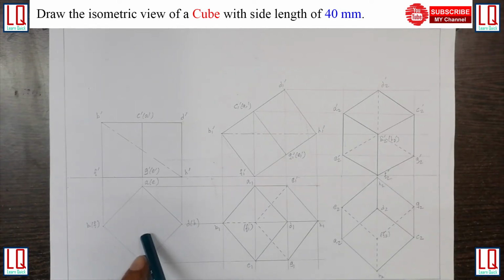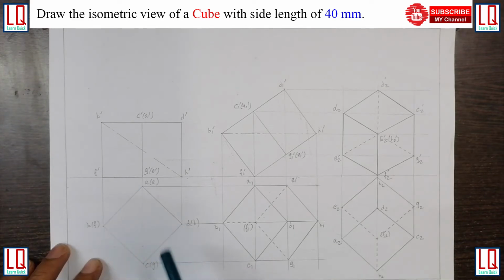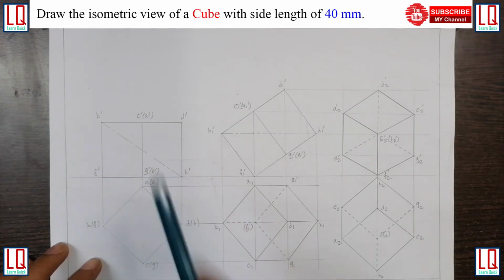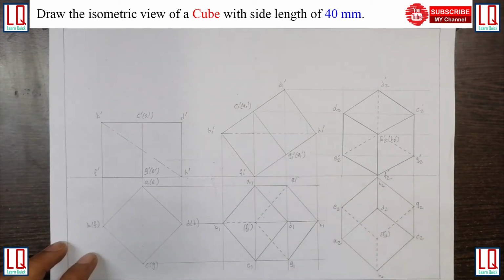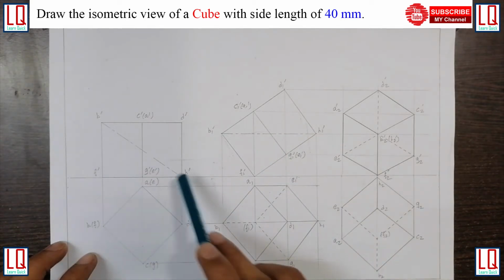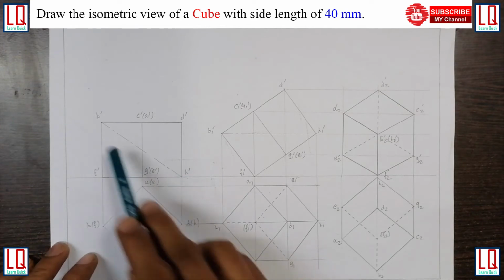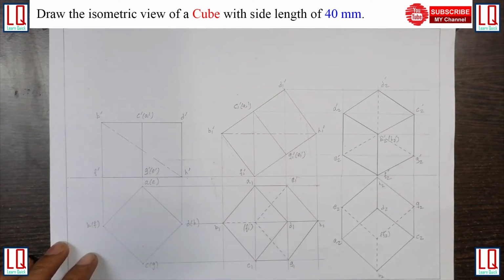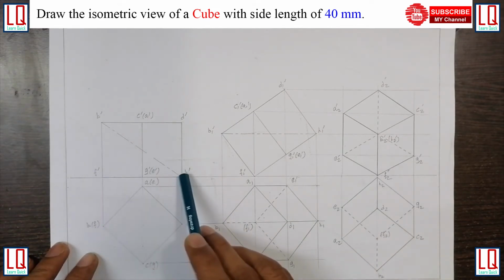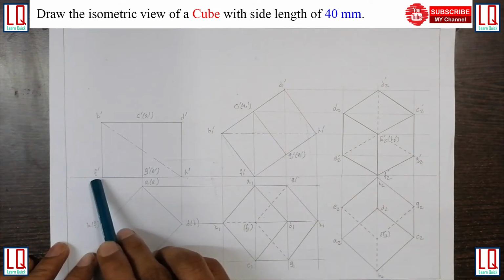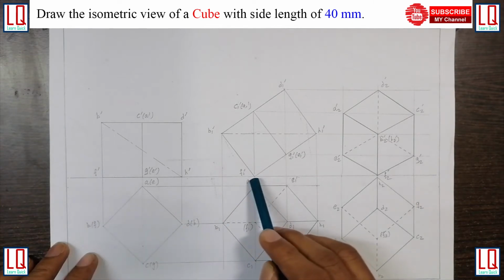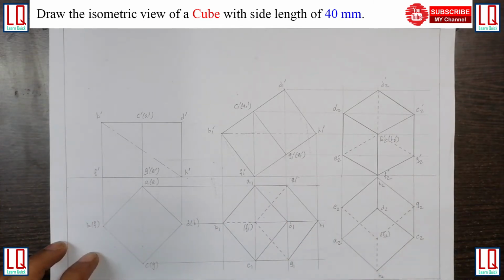In the first step I have drawn the square keeping it equally inclined, and I have drawn the front view in step 2. In step 3, I have made the diagonal connecting the diagonally opposite corners horizontal, and I have kept the corner F resting on the ground. Why?